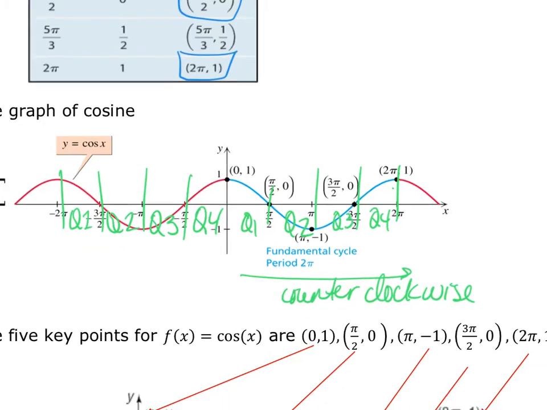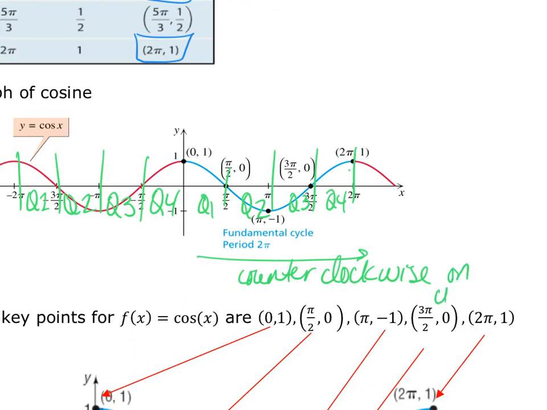On the unit circle, in this direction, I'm going clockwise. So that's why we're going in negatives. It's a negative pi over 2 because I'm going in the negative direction. So we're going clockwise on the unit circle.